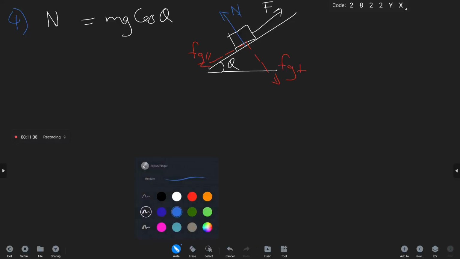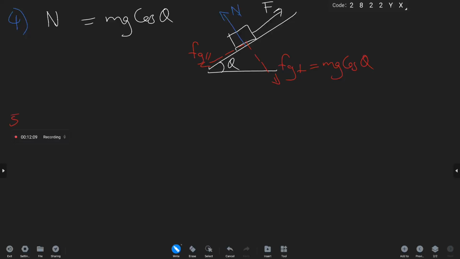And then of course, perpendicular to the plane, there are two forces acting, which is the normal force as well as the perpendicular component of gravitational force. So the vector sum of those two forces will obviously be equal to 0. And again, Fg perpendicular is the one which is equal to mg cos theta. So remember again, the angle theta that we see there will be equal to the angle in reference to the parallel plane.